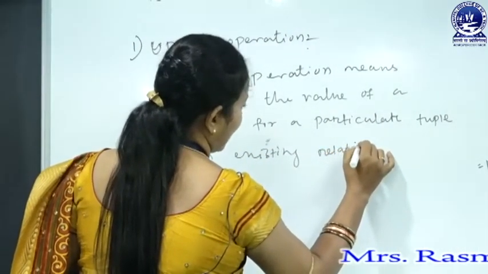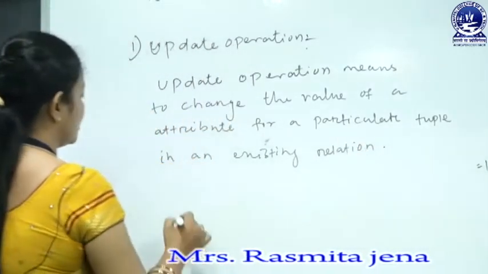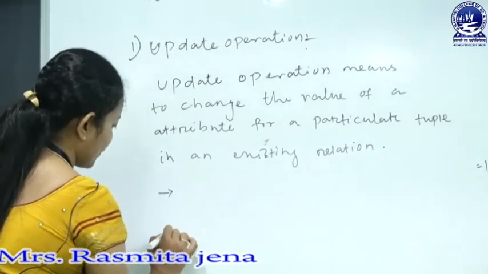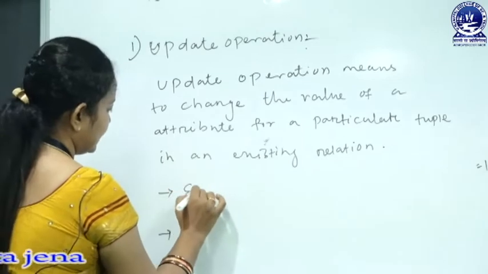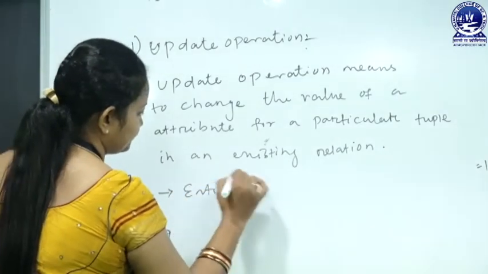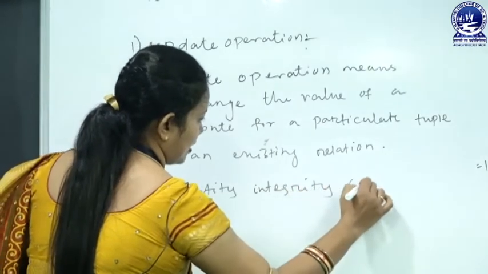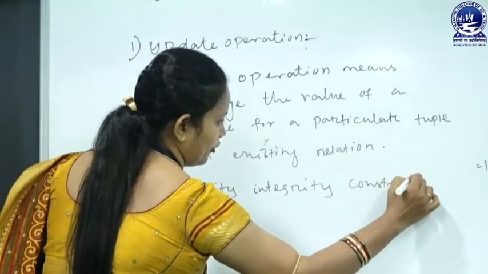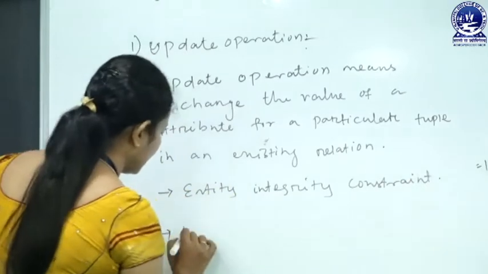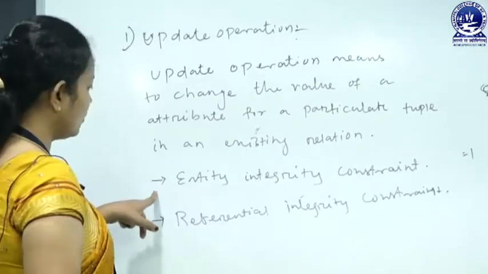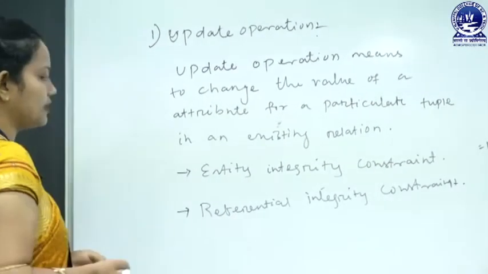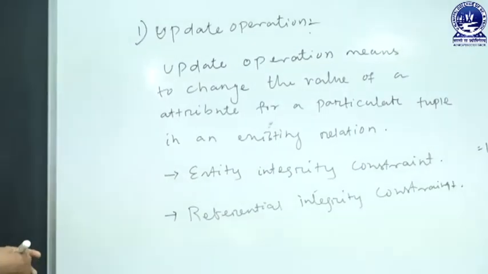And during this update operation, two constraints may be violated: your entity integrity constraint and your referential integrity constraint. How is the entity integrity constraint violated and how is the referential integrity constraint violated?